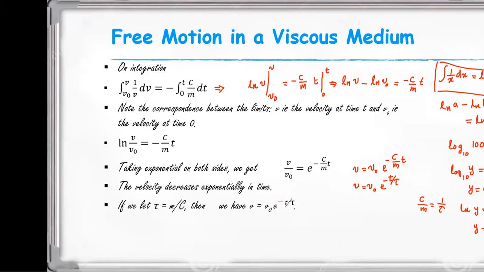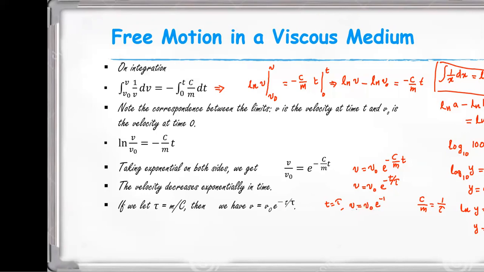And we can define tau in such a way that if we just substitute t is equal to tau in this expression, we will get v is equal to v0 e raised to minus t by tau, that is equal to e raised to minus 1. Okay.